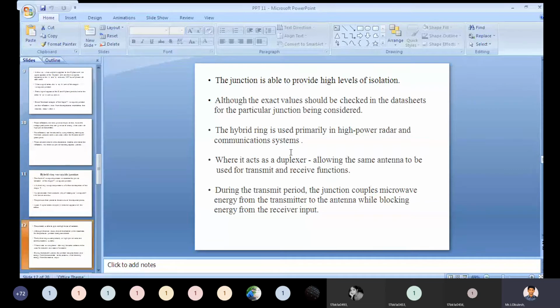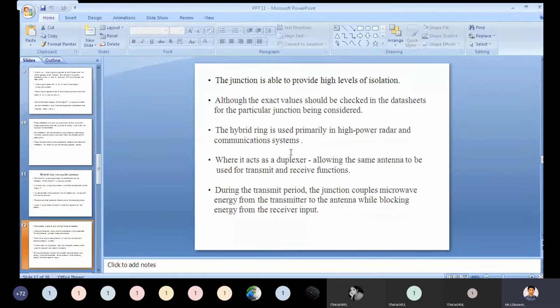This means that the hybrid ring is used primarily in high power radar and communication systems.